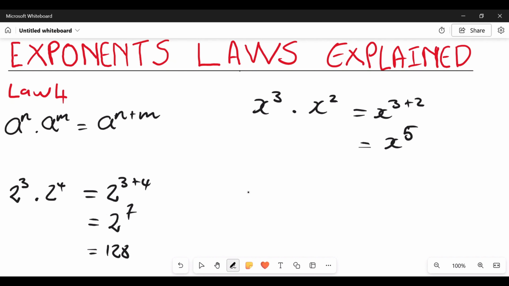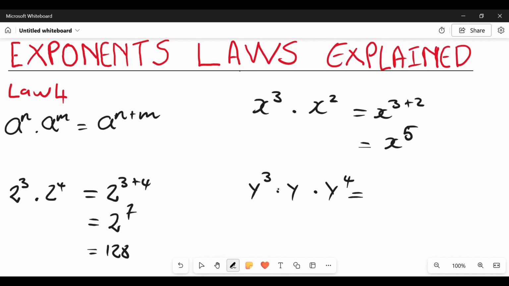So let's make the last example. Let's say we have y to the power of 3 multiplied by y multiplied by y to the power of 4. As you can see, this time around we have 3 bases which are the same, in this case y. How are you going to do this one? As you can see from our law, when the bases are the same, the exponents will add.